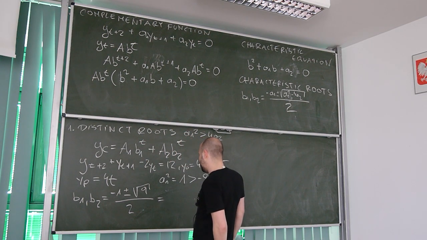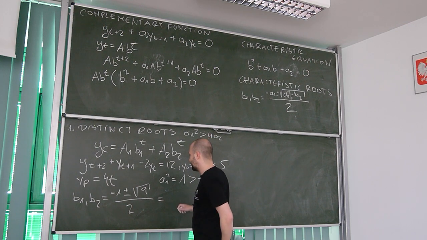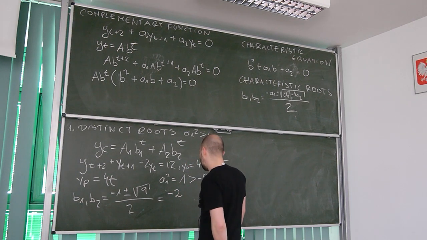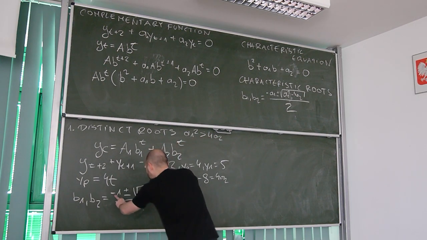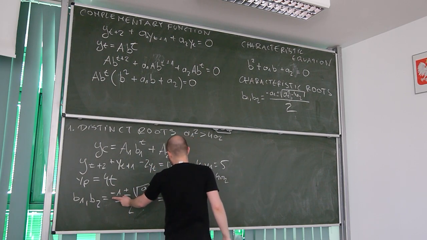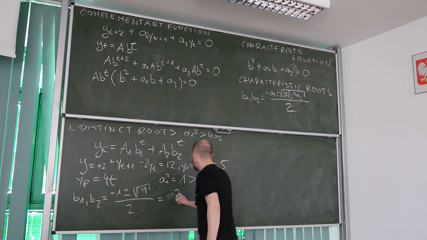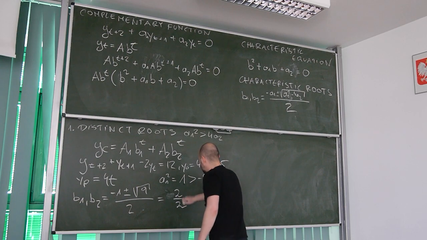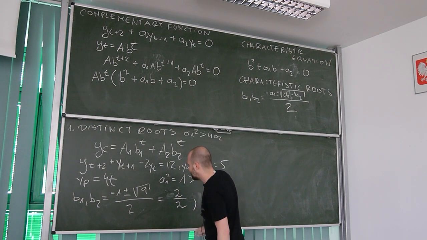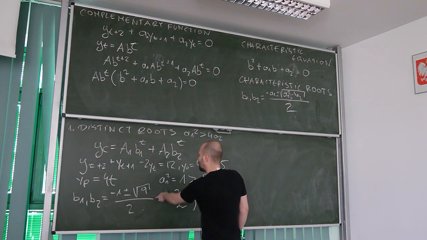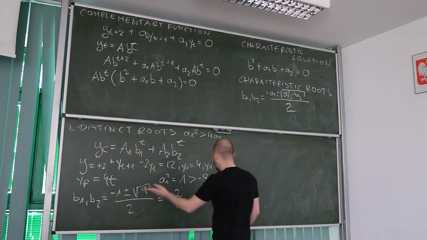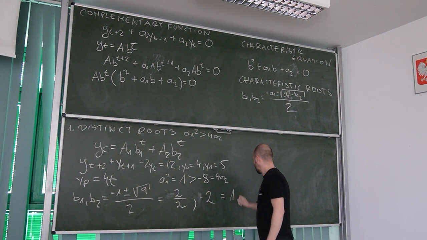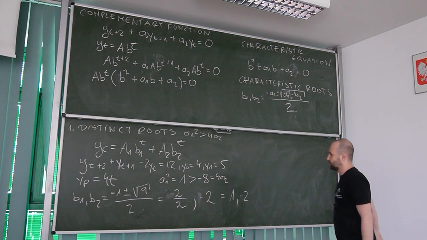So first we have, I'm sorry, we've got 3 minus 1, so 2 over 2, and then the second one will be negative 4 over 2, negative 2. Or simply we have now 1 and negative 2 as our roots.